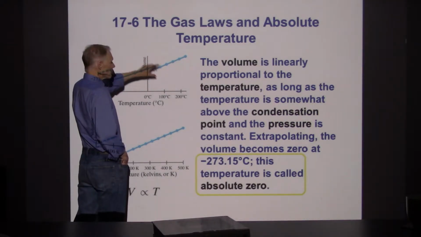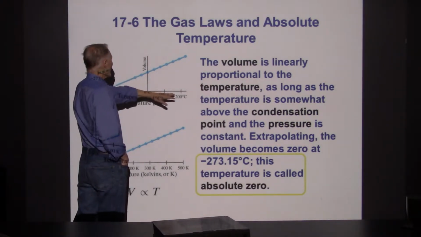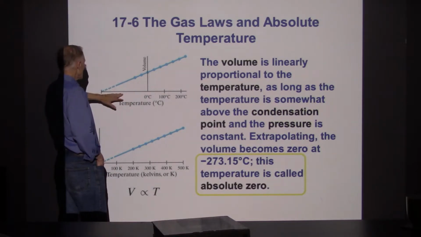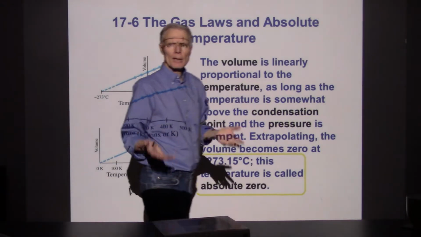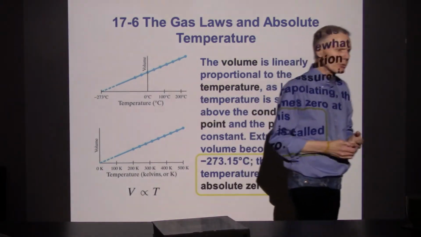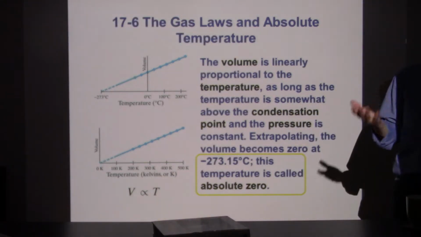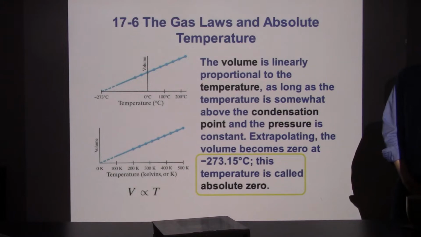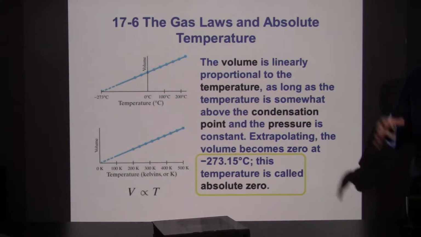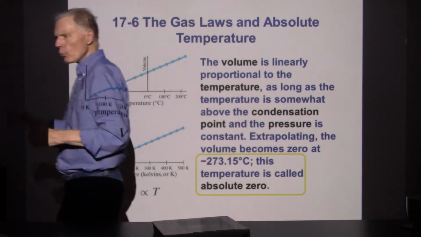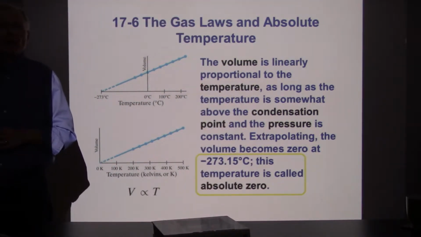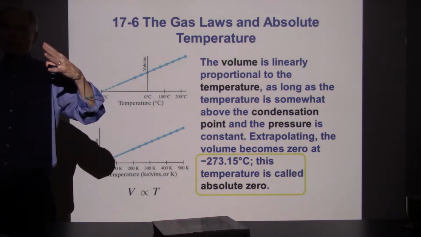So in any case, if we're at a constant pressure and we lower the temperature on a bunch of gas molecules, what we can observe is it shrinks. So if we have a bunch of gas molecules in a flexible container, like a balloon, for example, where the pressure is staying roughly constant, as we cool down the air molecules in that balloon, the balloon shrinks, right?